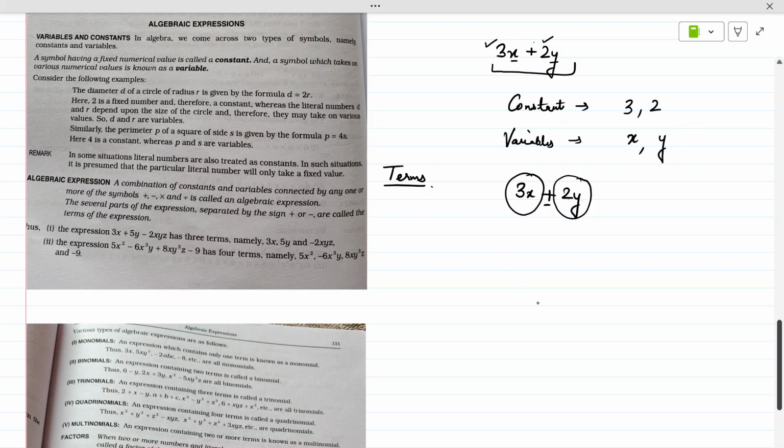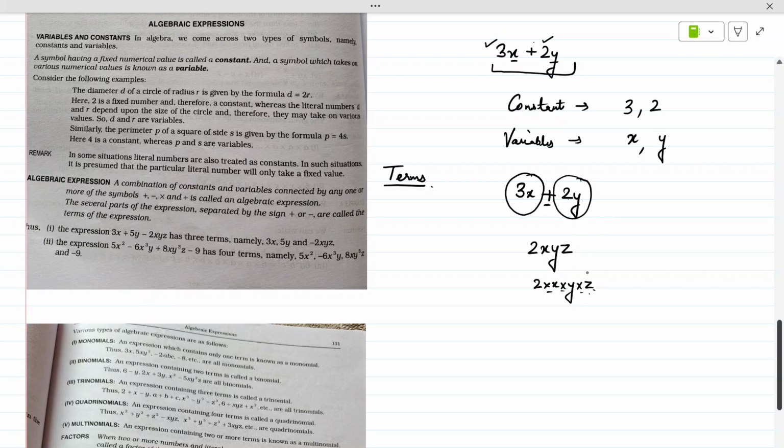Now I'm taking another example here, 2xyz. So kids, if we see here, this is also an algebraic expression. Why? Because we have 2 multiplied by x multiplied by y multiplied by z. We have the multiplication operator here.